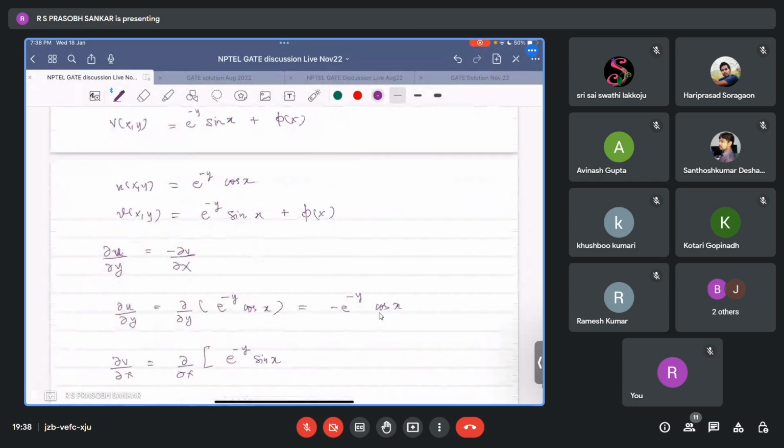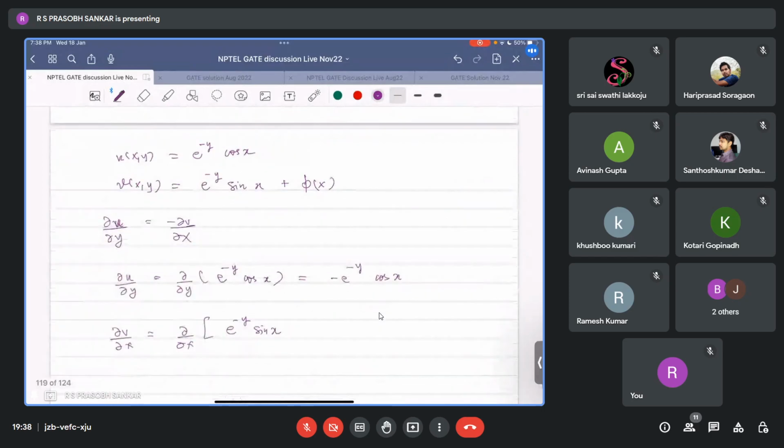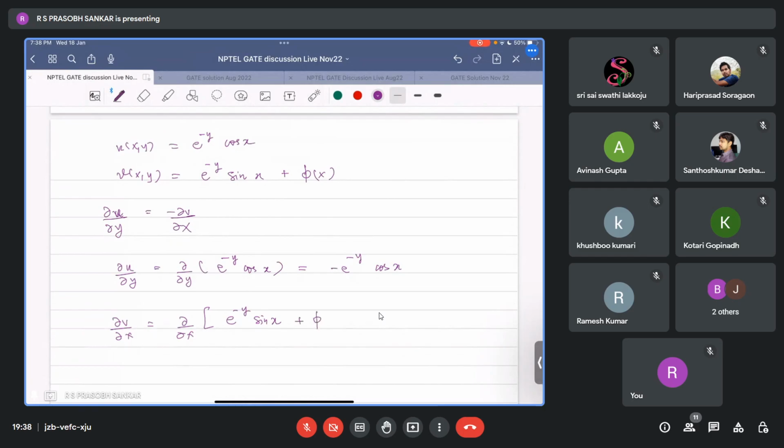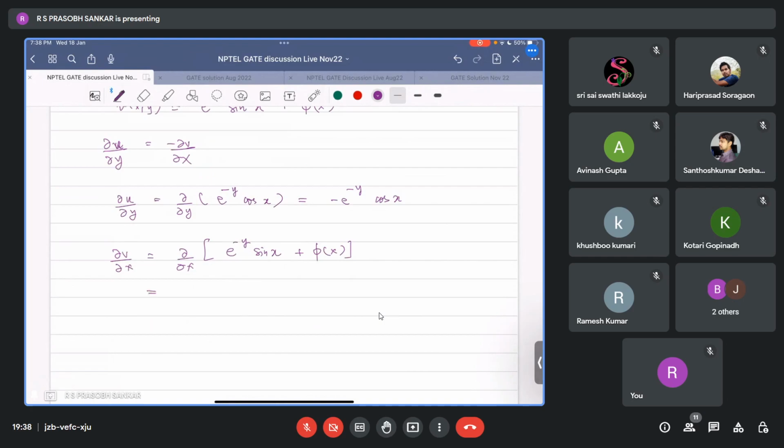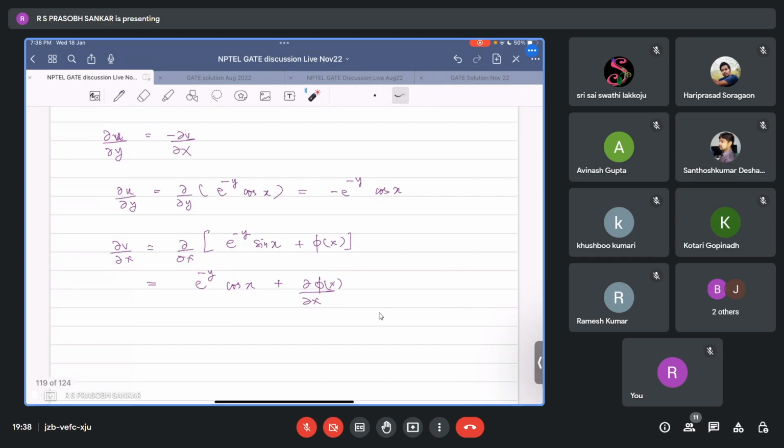Okay, it's correct. So this is the same as e raised to minus y cos x plus dou phi x by dou x.